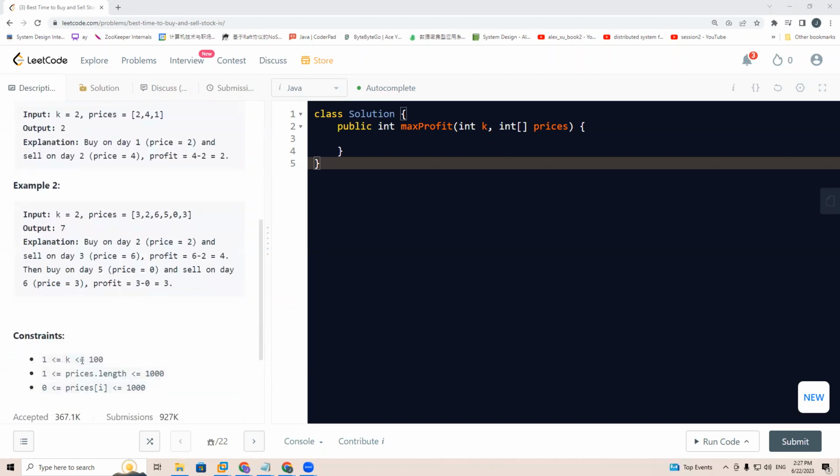So let's say k is in this range and the price is in this range. k is smaller than or equal to 100.